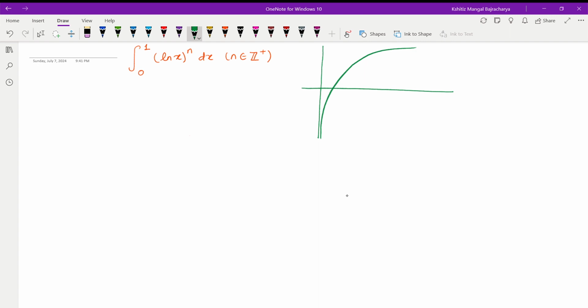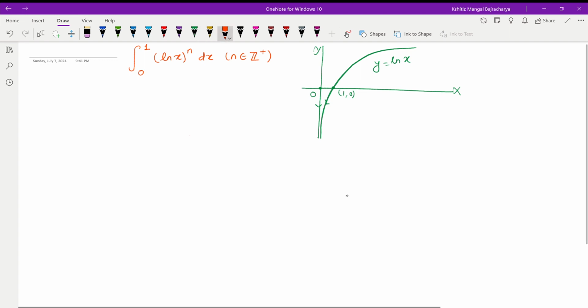the given interval. Here's 0 and this point is (1, 0), and this is y equals log x, with the x-axis and y-axis. The y-axis is the vertical asymptote of the curve y equals log x.